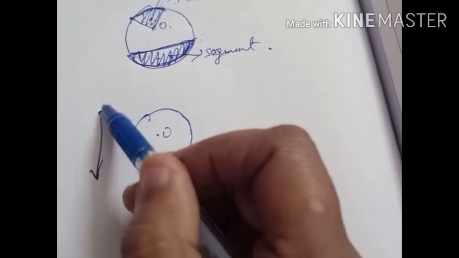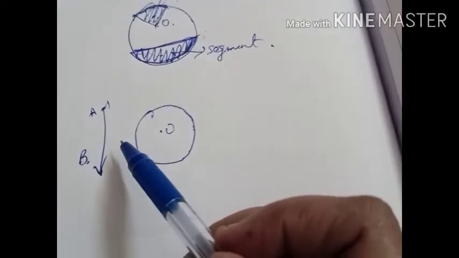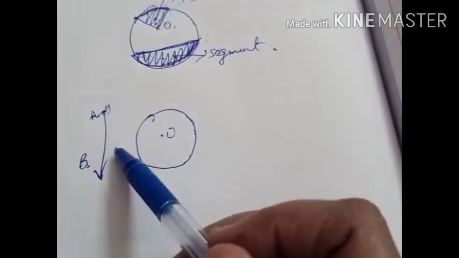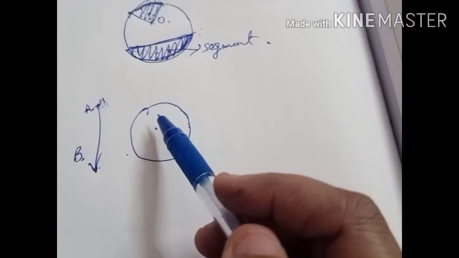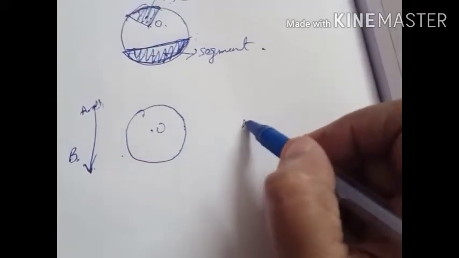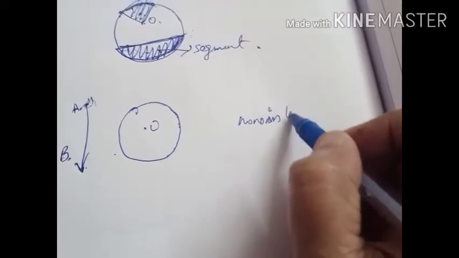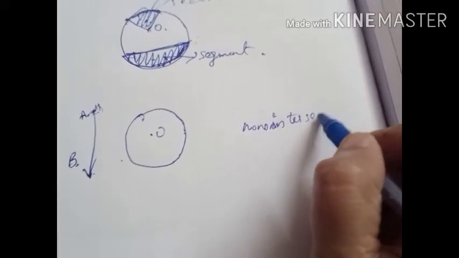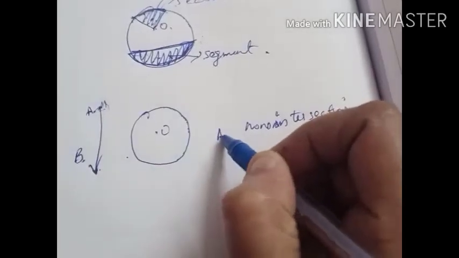The next is, if this is a circle with center O and there is a line AB outside of the circle, that means there is no intersecting point or common point between this line and this circle, then it is known as non-intersecting line. In this case, AB is a non-intersecting line.